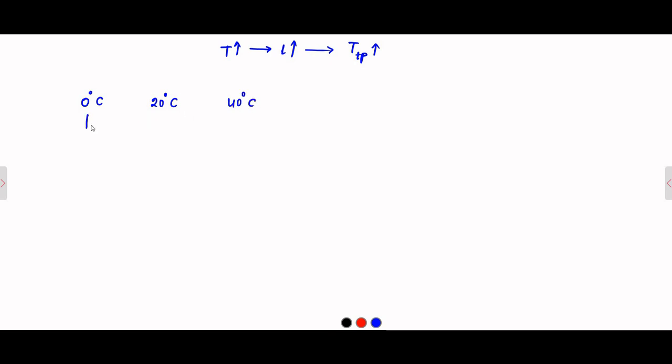Let the length of the pendulum at 0 degrees Celsius be L0, at 20 degrees Celsius L20, and at 40 degrees Celsius L40. Now let alpha I be the coefficient of linear expansion of iron.